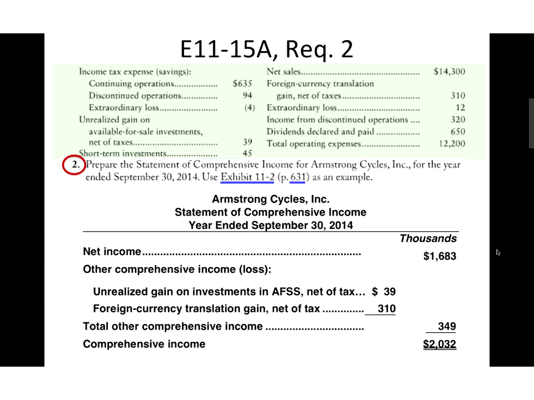The only takeaway I want you to take from this, the reason I assigned this, is I want you to realize there is this statement of comprehensive income. It includes these things that are not ordinary. That's where we put the unrealized gains, and this is where we put the foreign currency translation gains.